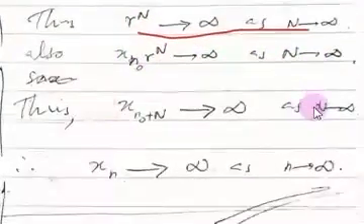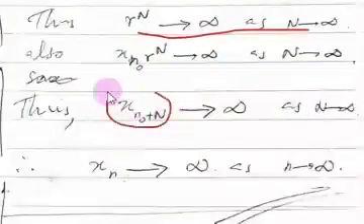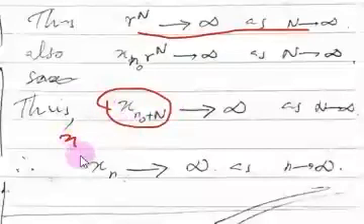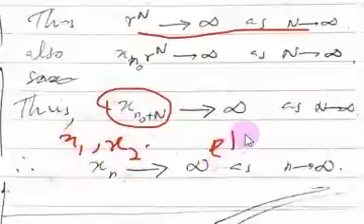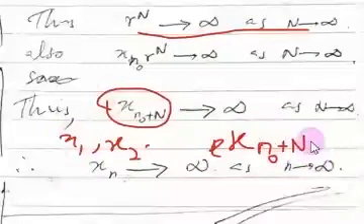That means this is a part of that sequence. This is the first term, the second term, this is x sub n naught plus uppercase N, the n naught plus uppercase Nth term.